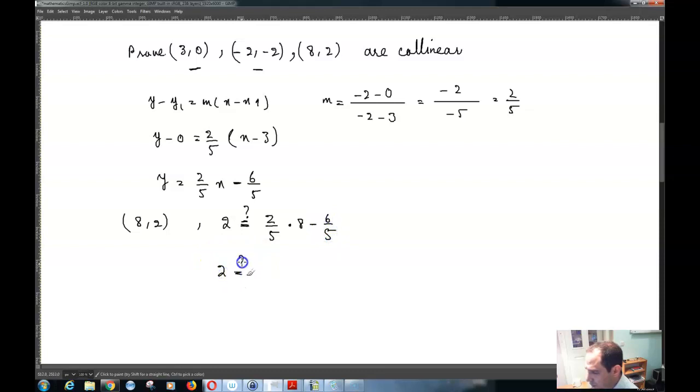So 2 is equal to 16/5 minus 6/5. 2 is equal to 10/5. So 2 is equal to 2. And that proves that the three points are collinear. Okay, so we are done with these exercises.